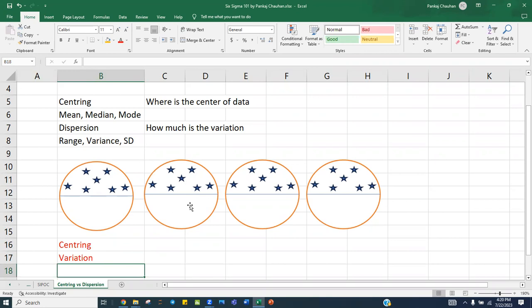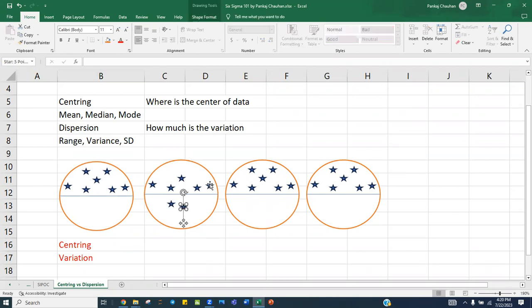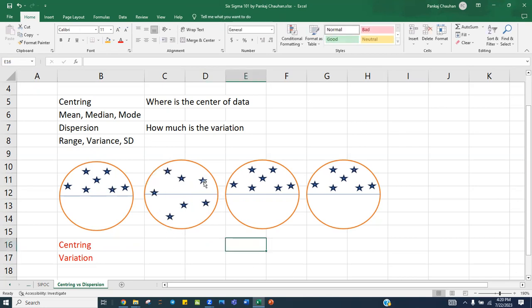Now I look at the second case. Suppose your data points are scattered like this. Maybe one point here, another point here, and another point here. If you look at this data, what kind of problem do you see? Because the data points are not close to each other, definitely this is a variation problem. They are away from each other, they are scattered. But if you look from the center line, all the data points on both sides are almost at the same distance.